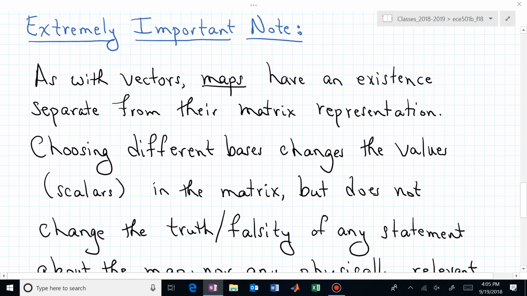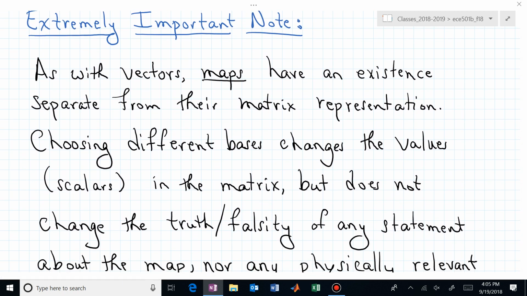As I indicated, we wanted to start with an important note. So hopefully you can now type quickly or write quickly. But essentially this says that we talked about a point in space looking or being represented differently depending on the basis.